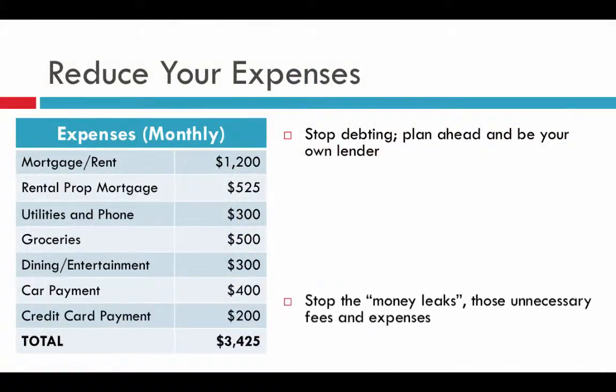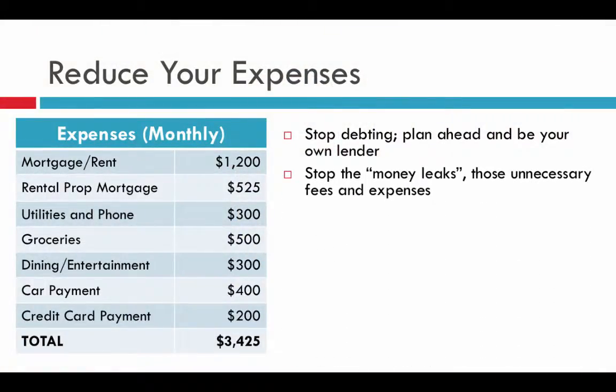A lot of us have money leaks in our budget. A lot of us are paying for subscriptions to online services or gym memberships and other things that we don't actually use or get that much value from. Or you may be paying fees or costs to your cable company, your utility company, or some other vendor that you really shouldn't be paying. It's just money leaking away every month.